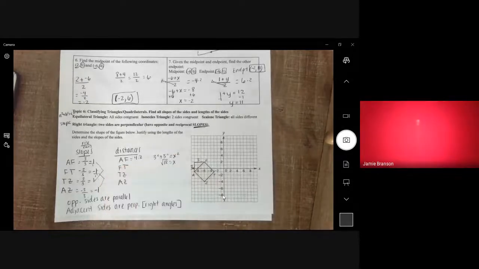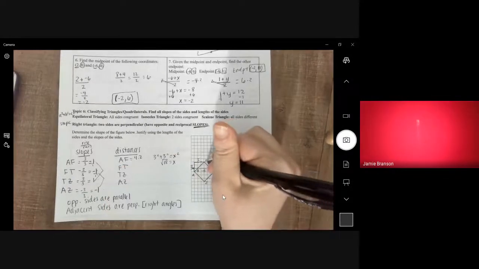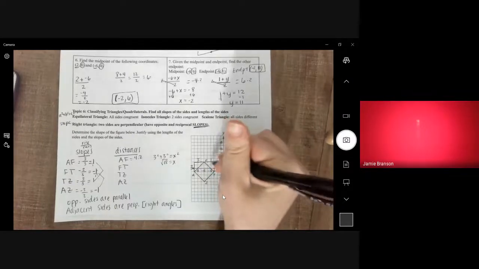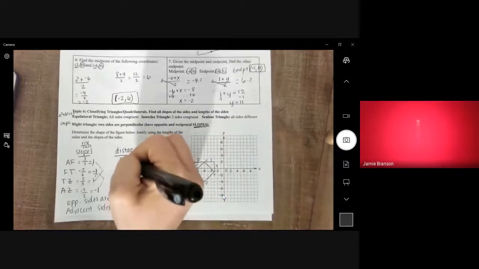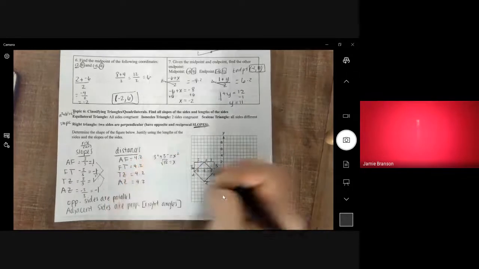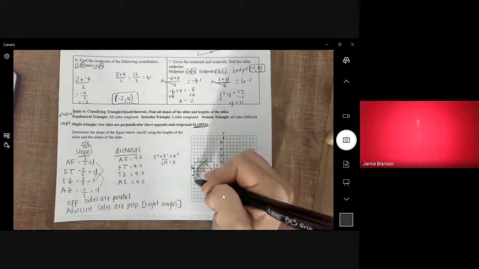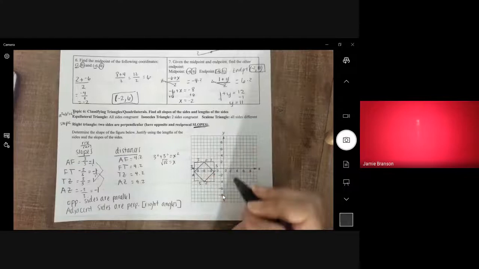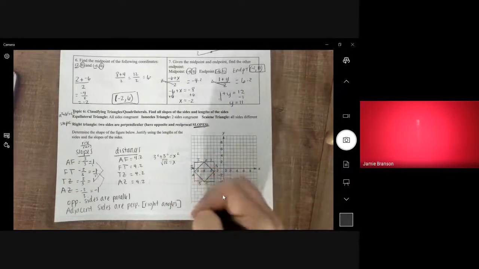Square root of 18 is 4.2. And then if you test all these, that triangle is the same size, so I'm going to get the same thing. That triangle is the same size, I'll get the same thing. And this one as well, 1, 2, 3, 1, 2, 3. Okay, so all sides are congruent.